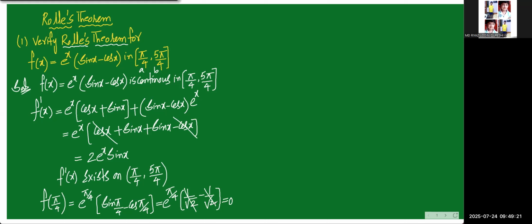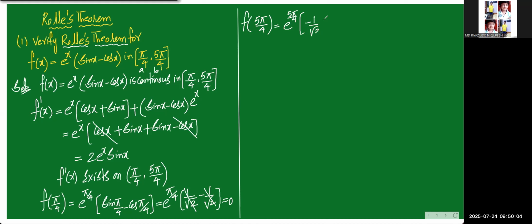Now we have to check the f of b value. F of 5 pi by 4 means e to the power of 5 pi by 4 into sin 5 pi by 4, which is nothing but minus 1 by root 2.